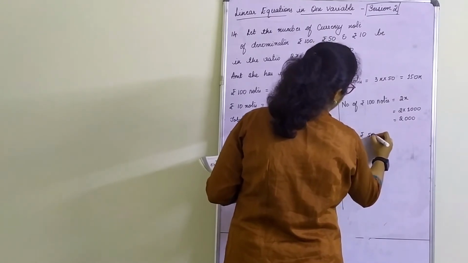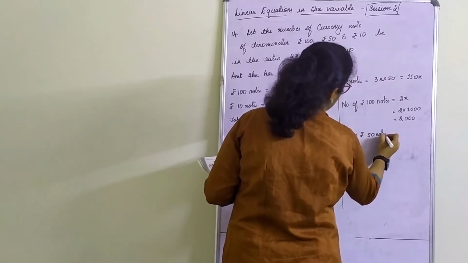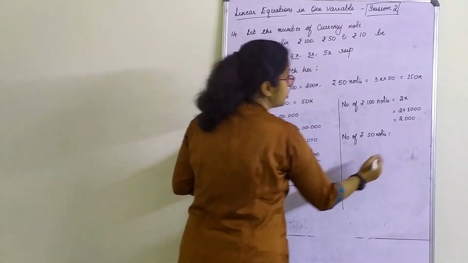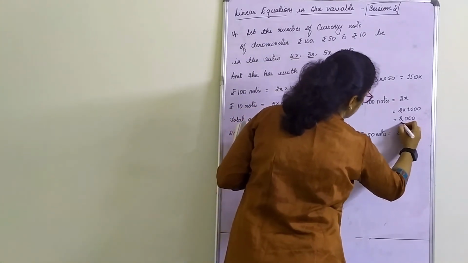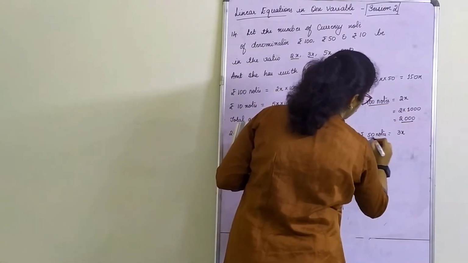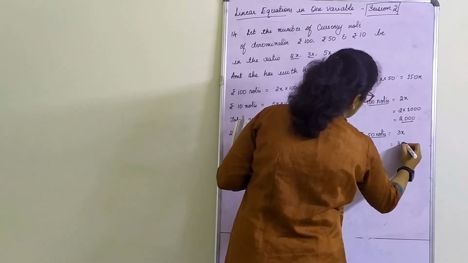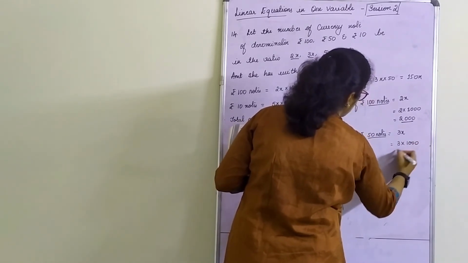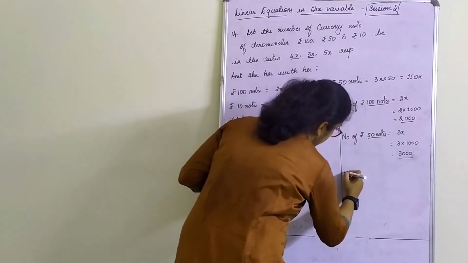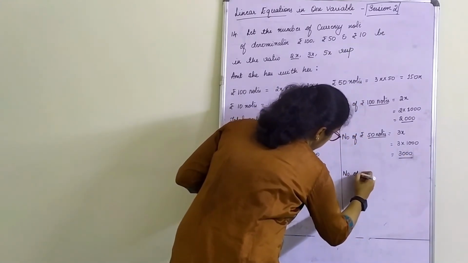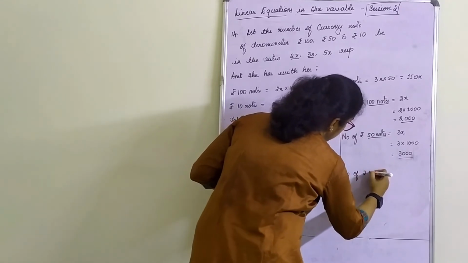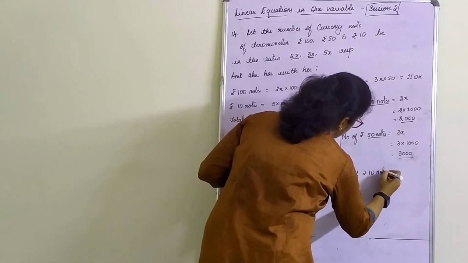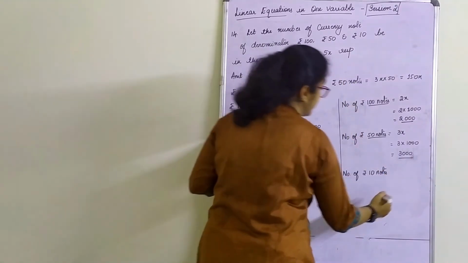Next, number of rupees 50 notes is of what denomination? 3x. I'll just underline this here. So 3 into 1000, that is 3000. Next, number of rupees 10 notes, 5x.